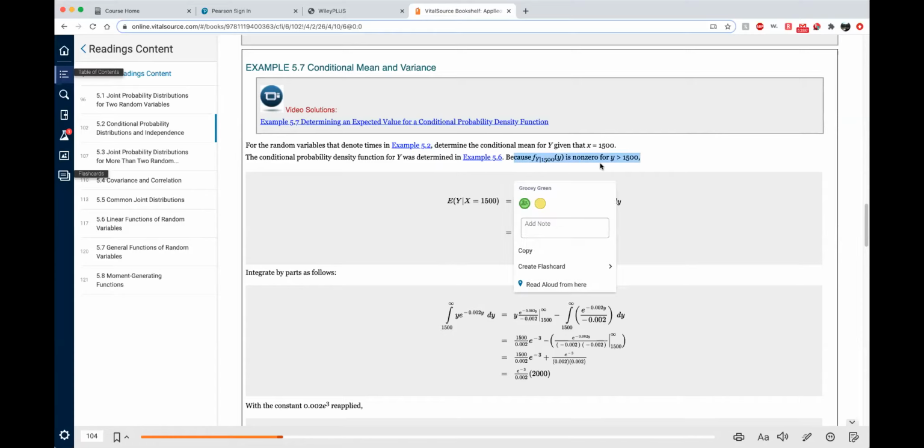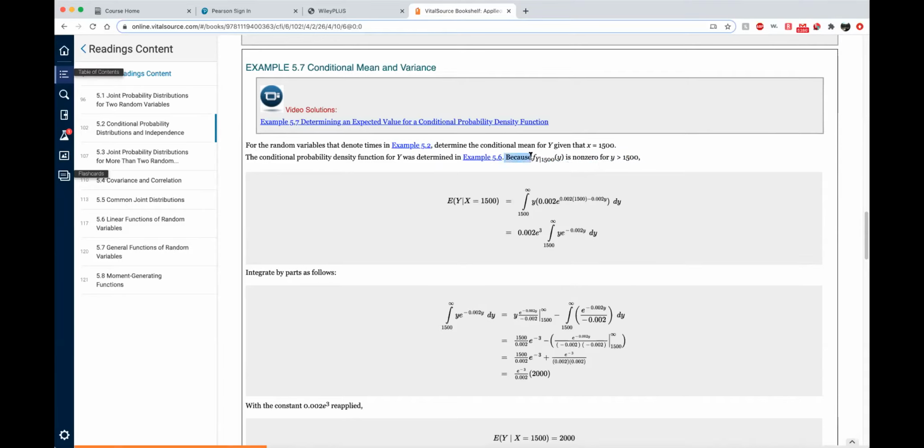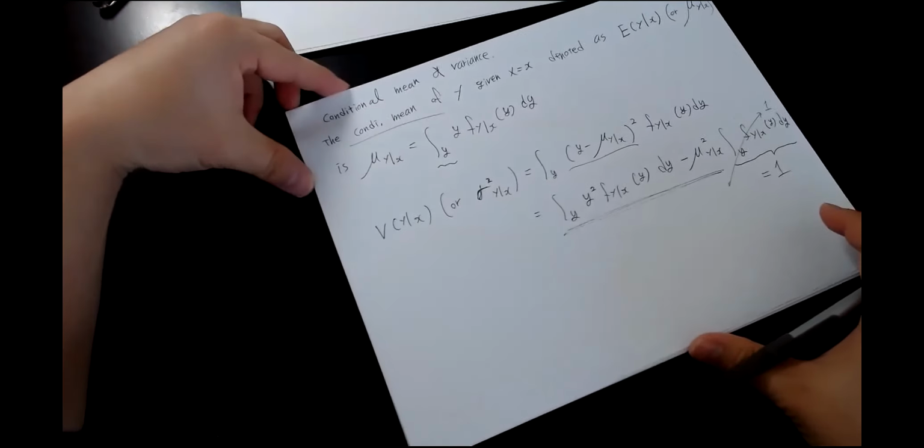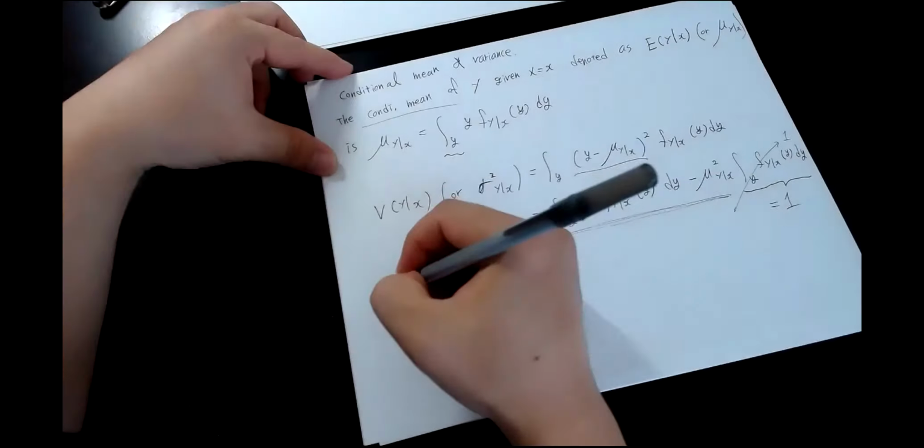The conditional probability of y given that x is 1500 is non-zero for y greater than 1500. What does that mean? Let me explain this. All right. So here, the expected value.